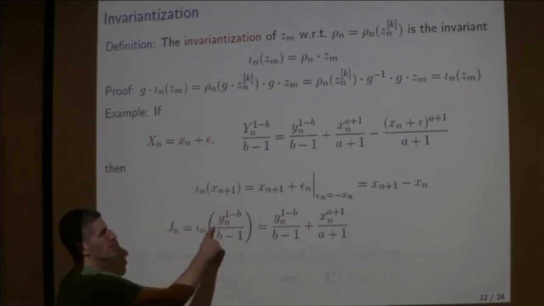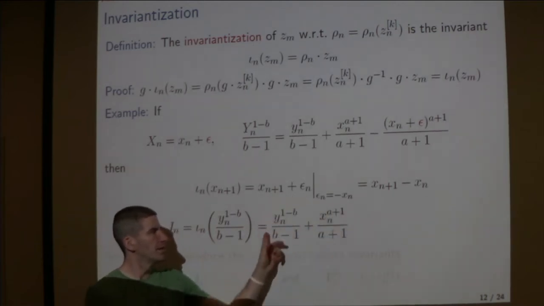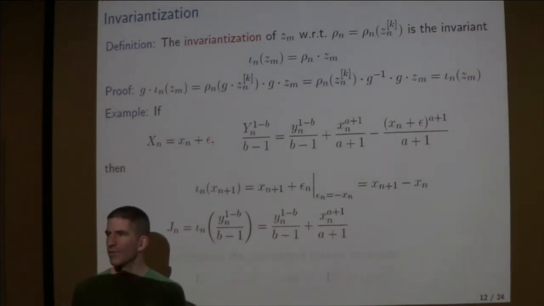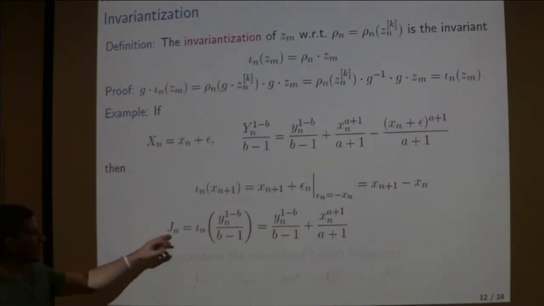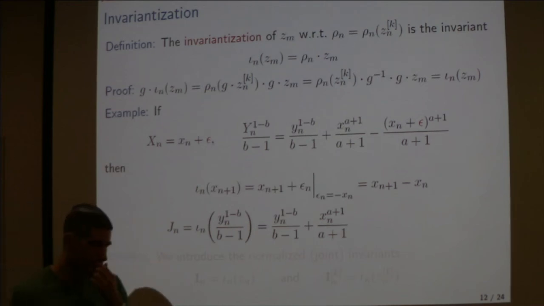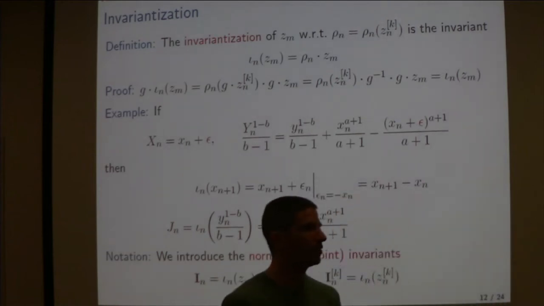If we invariantize this ratio and do the computation, we obtain this expression, and one can verify that it is indeed invariant under the group action. I'll denote that by Jn because it will come into play. And then we can do that in general.